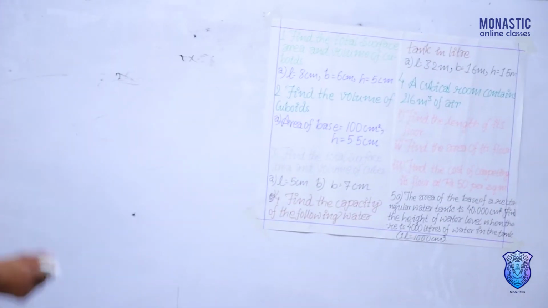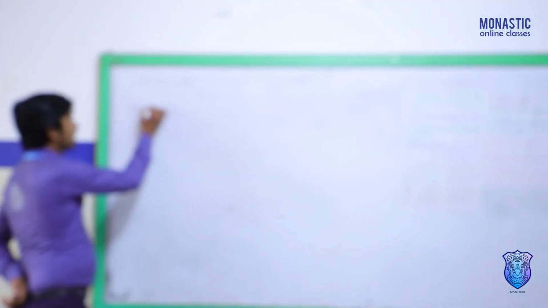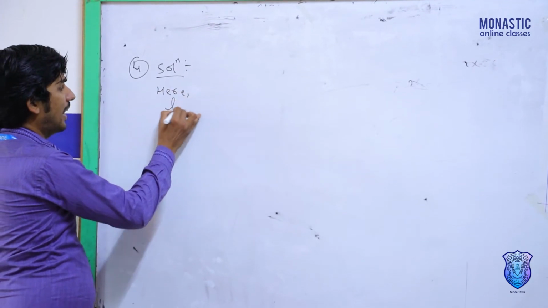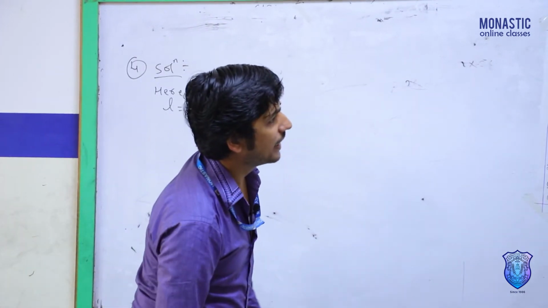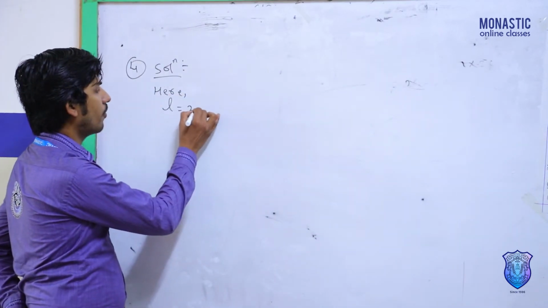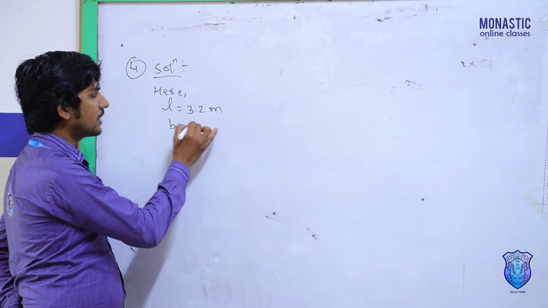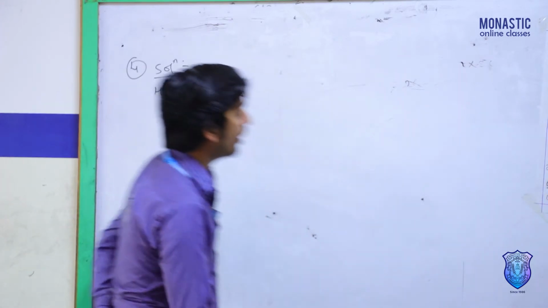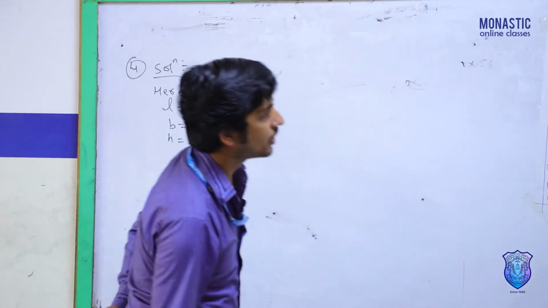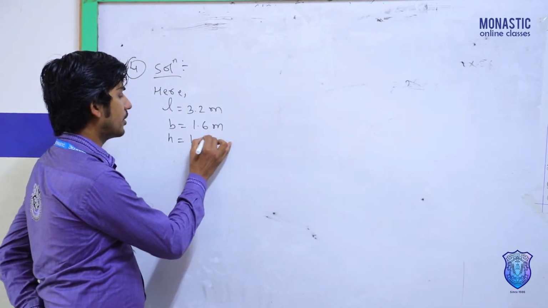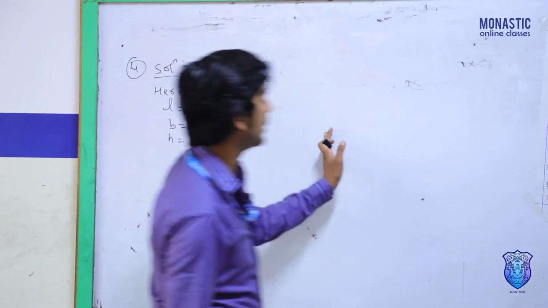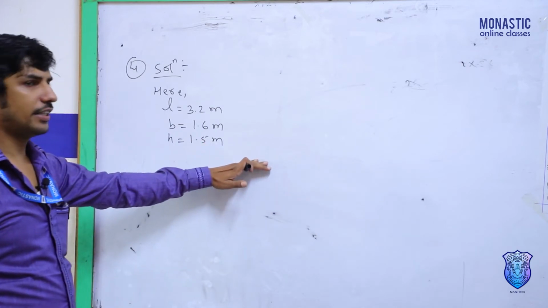So length is equal to 3.2 meter, breadth is equal to 1.6 meter, and height is equal to 1.5 meter.